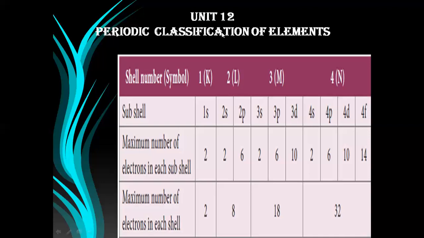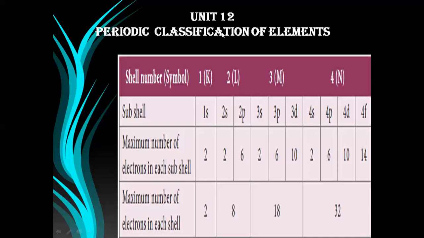Next, the M shell has s, p, d. Here s has 2 electrons, p has 6, and d has 10. Totally 18.